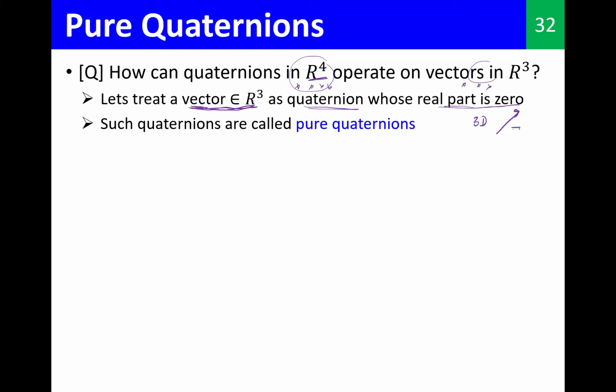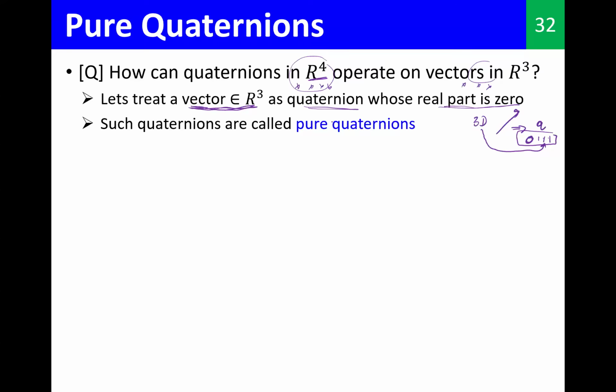Now I want to represent this as a quaternion. So the simple way I can do that is, okay, this has 4 elements. Let's make the scalar part 0. And then for the vector part, let's take these 3 elements and put them over there. Now it becomes a quaternion, right?